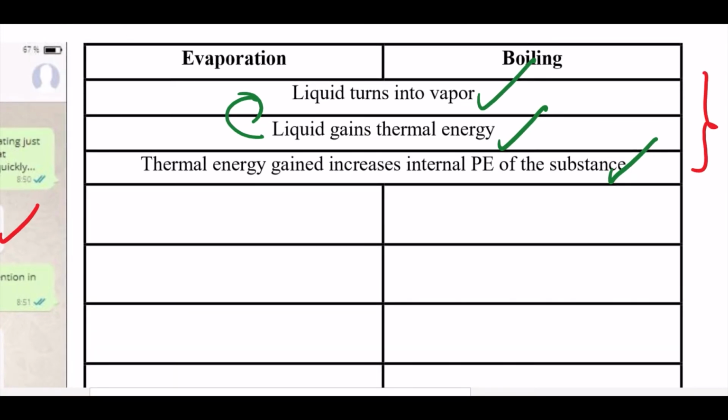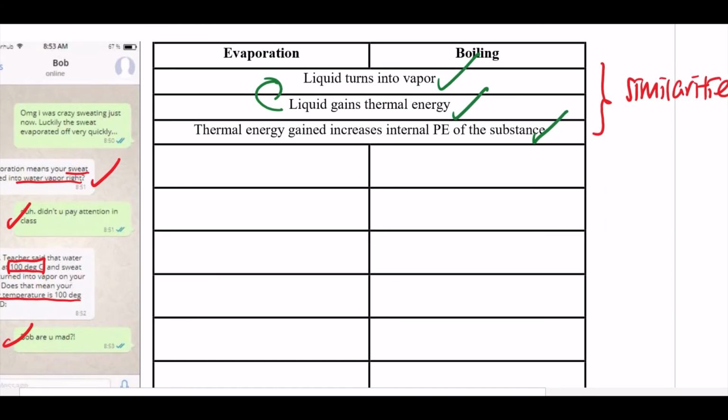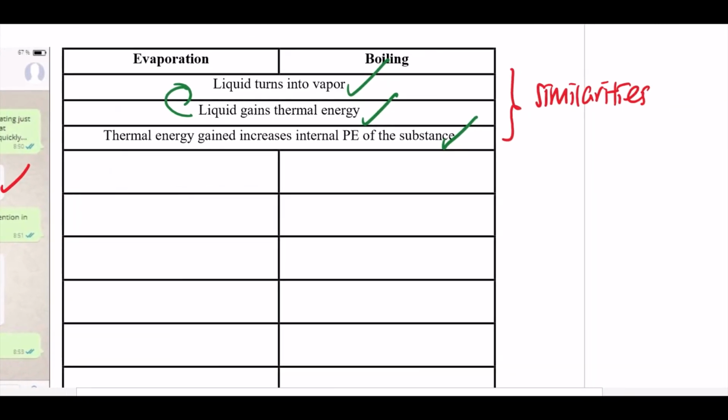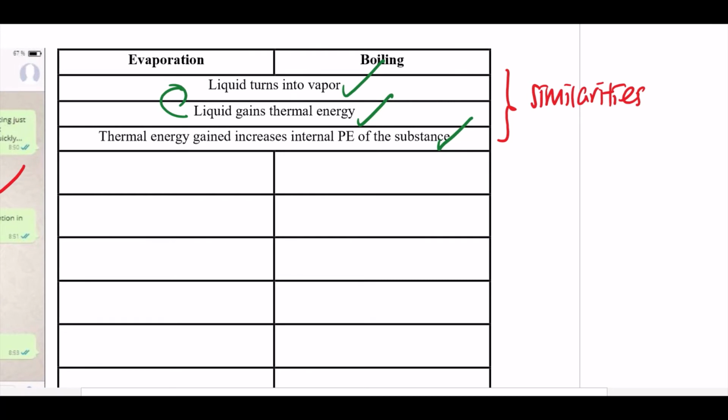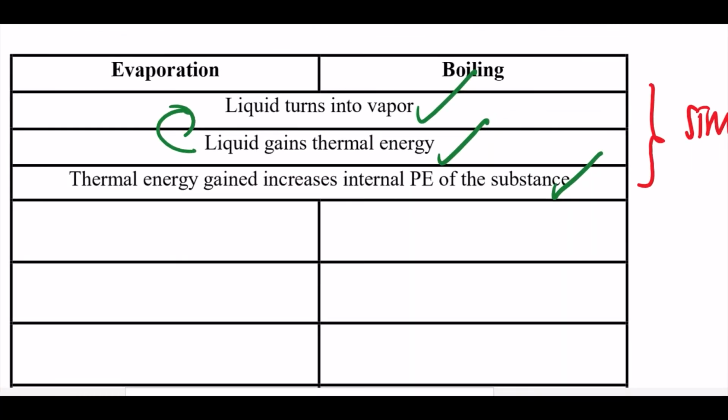This table is for you to summarize the similarities and differences between the two processes. First of all, please take note that the very first three rows there are similarities between evaporation and boiling. So let's take a look. For both processes, they both involve liquid turning into vapor or the gaseous state.